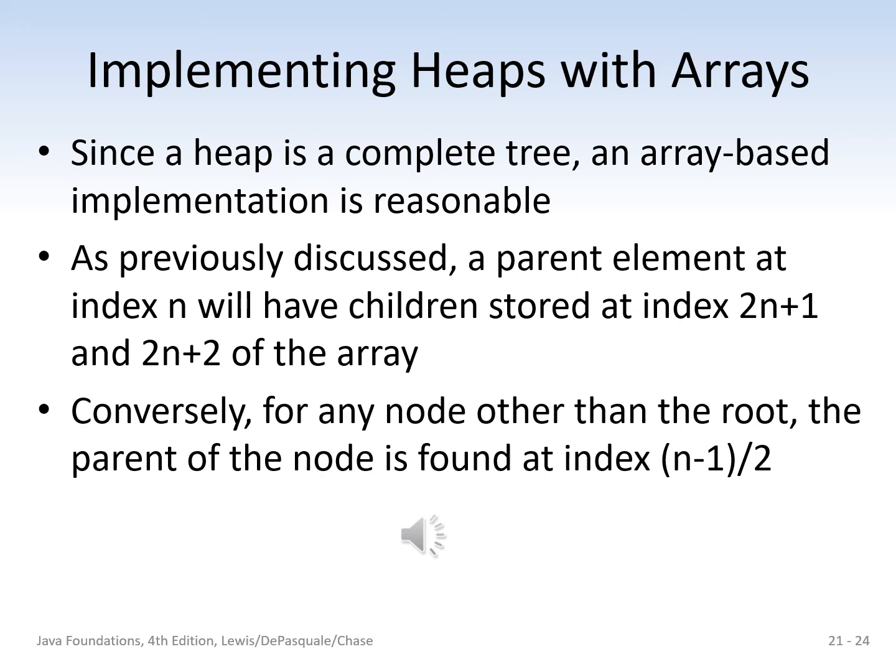So as we discussed earlier, in using an array, the parent at index n will store the children at index 2n plus 1 and 2n plus 2 in the array. Conversely, for any node other than the root, the parent of the node is found at index (n minus 1) divided by 2. So it's pretty simple, straightforward.